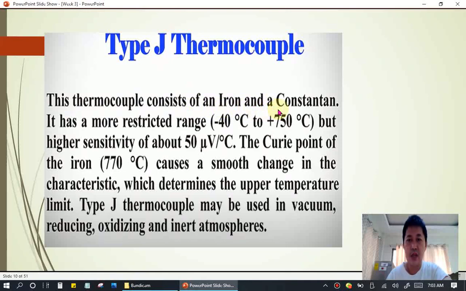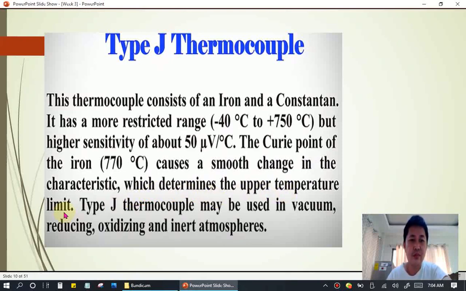It has a more restricted range, so minus 40 degrees Celsius to plus 750 degrees Celsius, but higher sensitivity, about 50 microvolt over degrees Celsius. So the Curie point of the iron, 770 degrees Celsius, causes a smooth change in the characteristic, which determines the upper temperature limit.